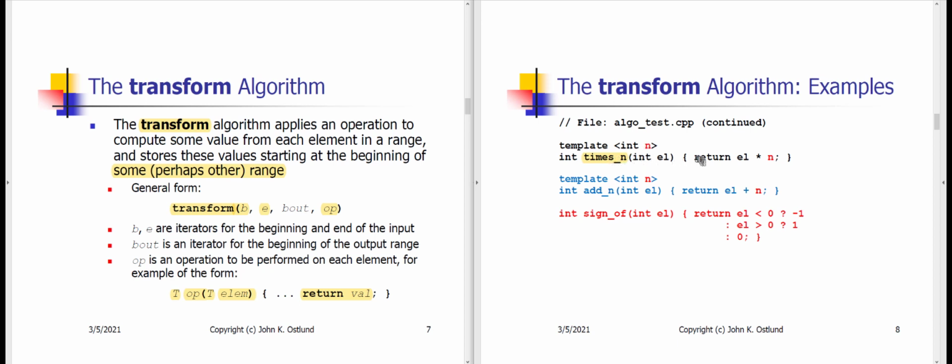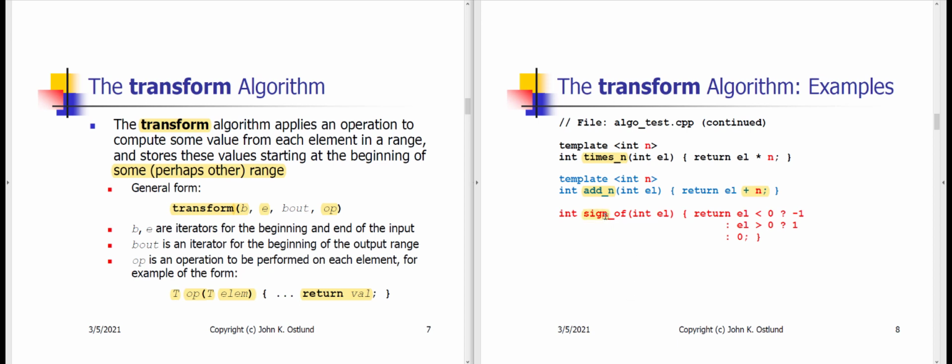And what it does is to return as an integer the current integer element read from the range, which might be a vector or a set. And each of those elements is multiplied by n. Okay? Addn is very similar to timesn, except that it returns the value of the current element plus n instead of times n.